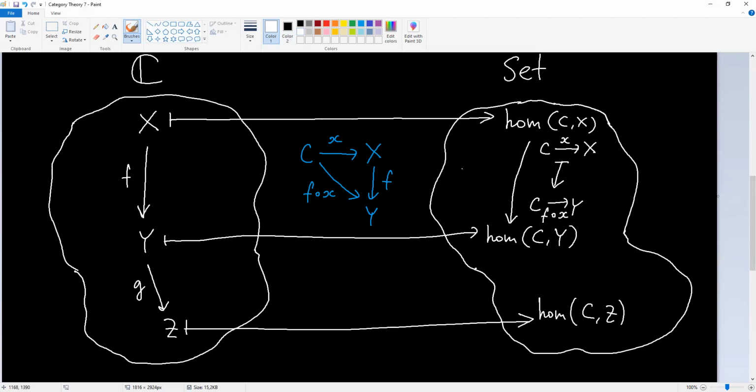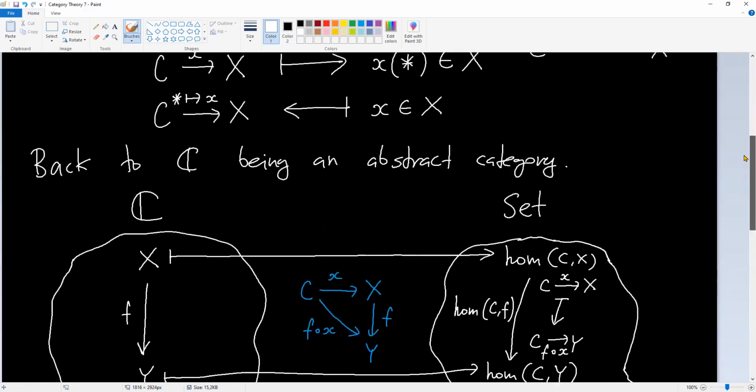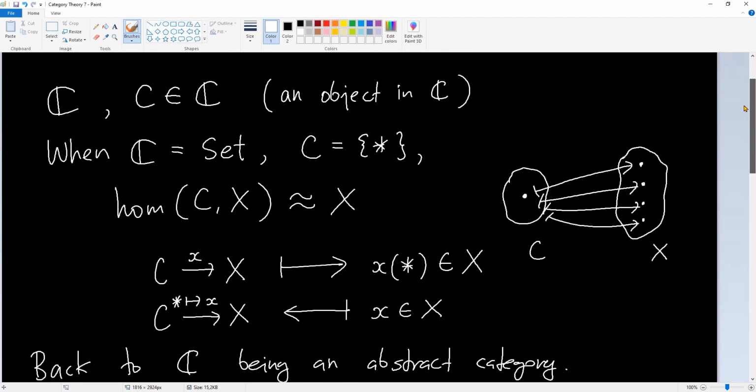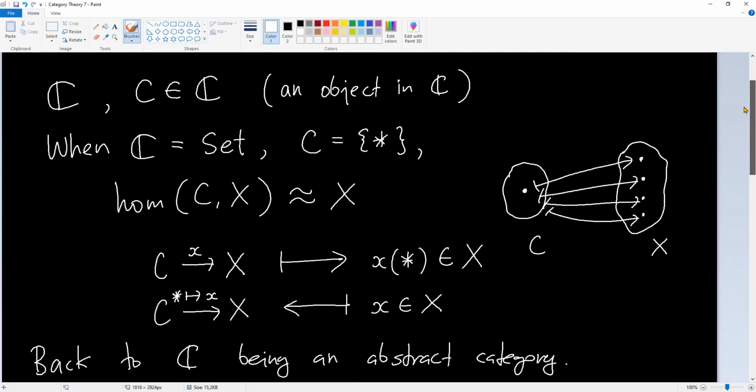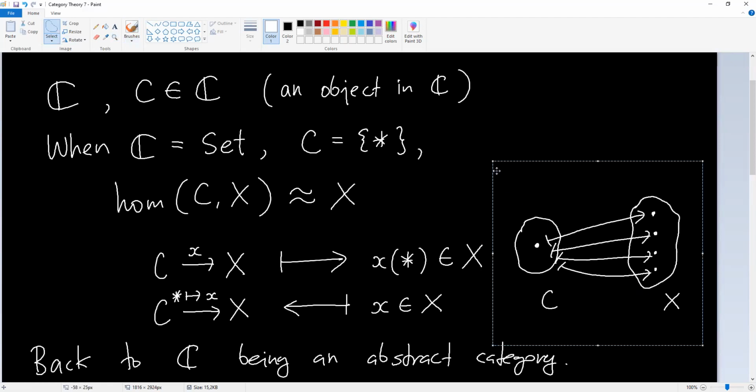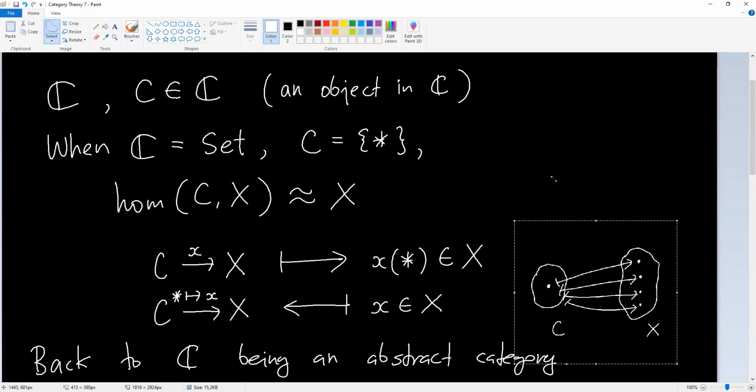First of all, let's introduce a notation for this. It is going to be written as hom(C,f). Back in the concrete case, what is hom(C,f)?